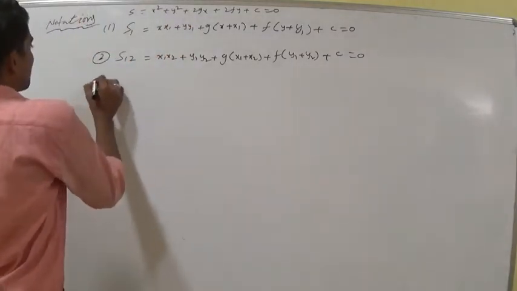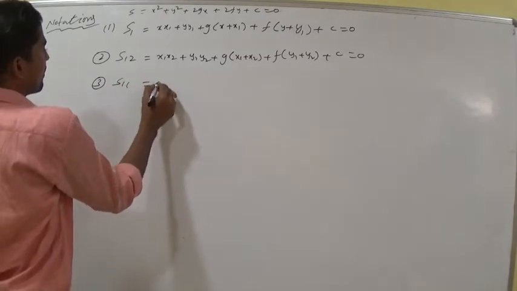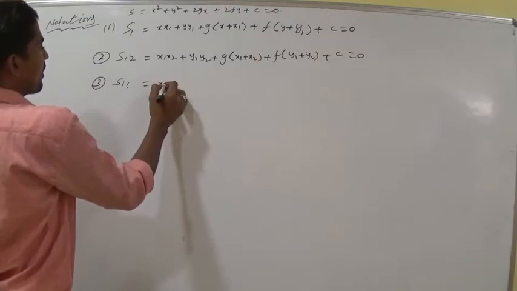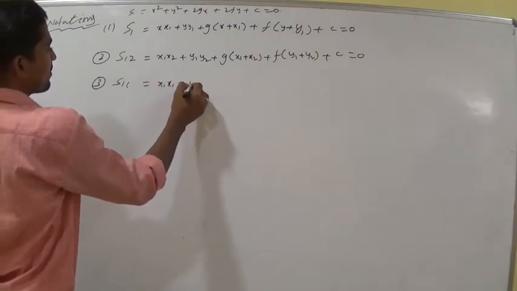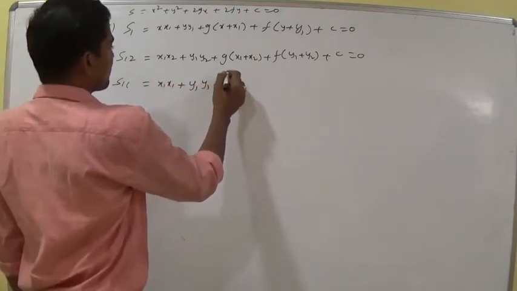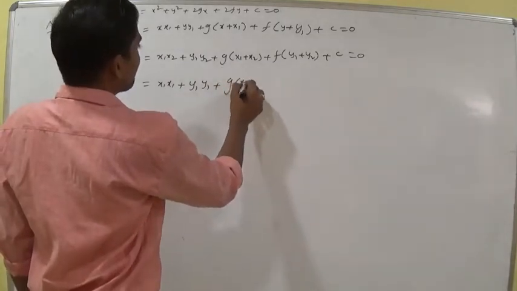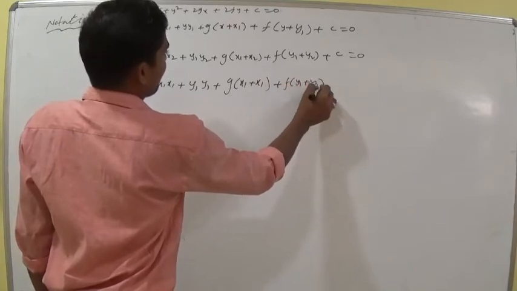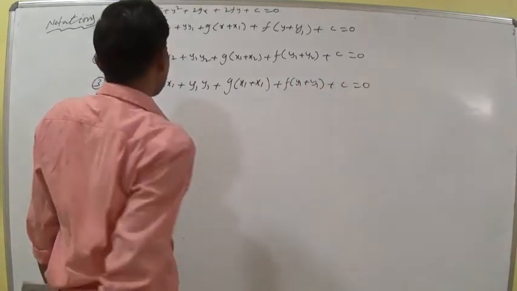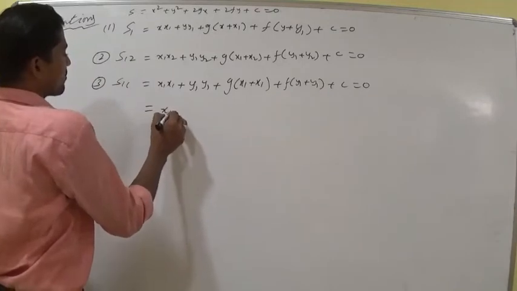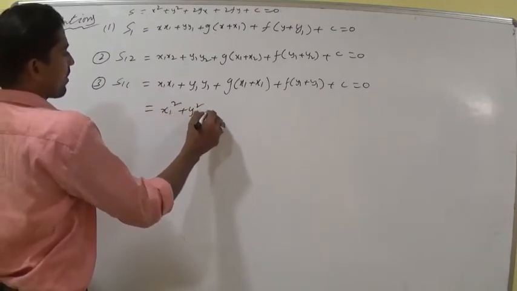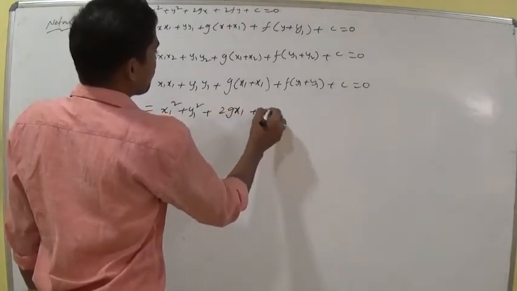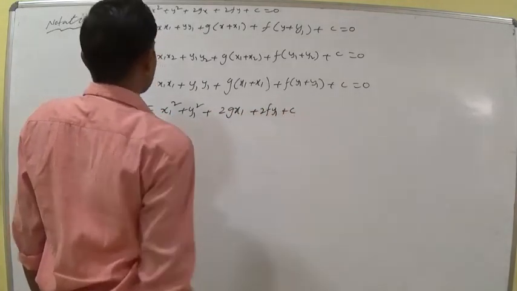Third one is S11. Suppose x1, y1: S11 = x1² + y1² + g(x1 + x1) + f(y1 + y1) + c = 0, which equals x1² + y1² + 2gx1 + 2fy1 + c.